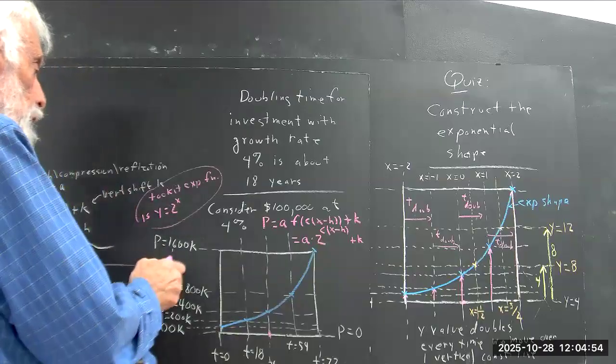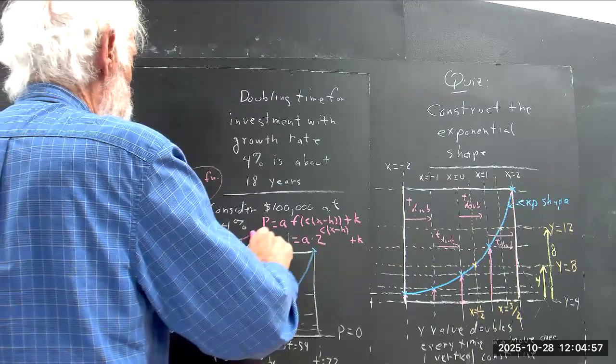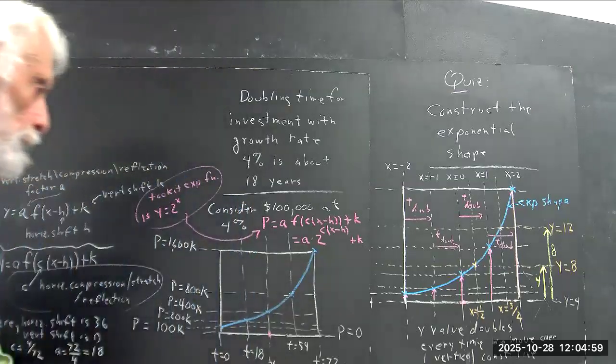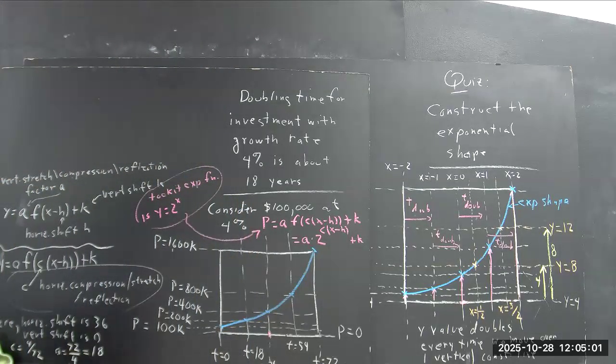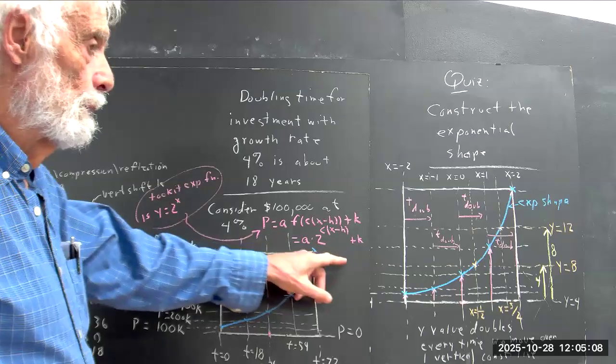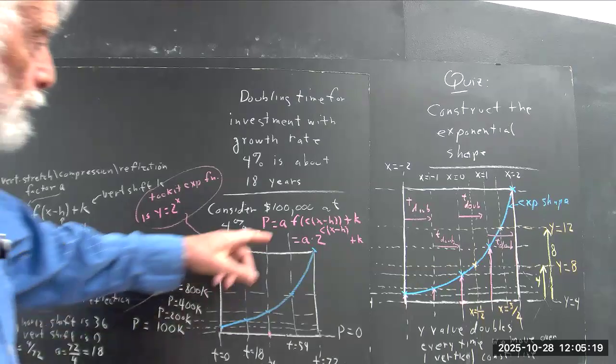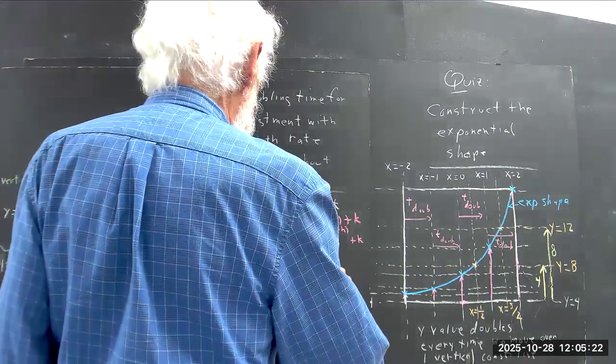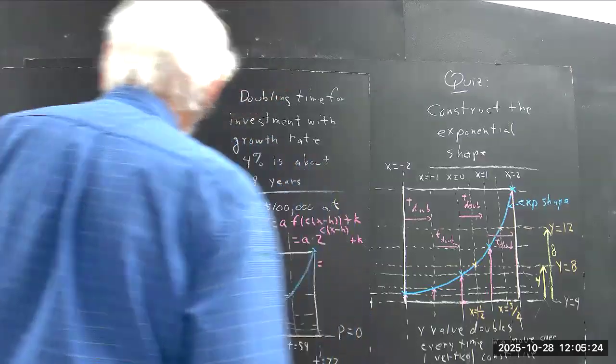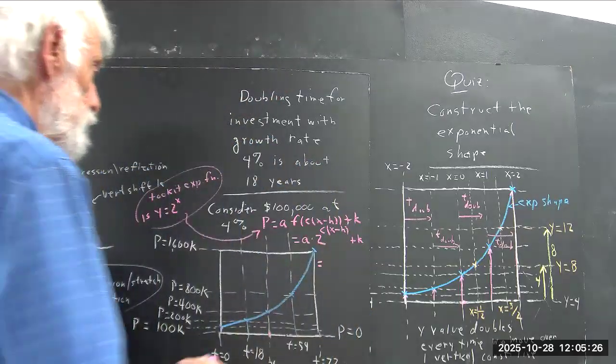It's y equals 2 to the x. So here's our principal function. Now we can put the numbers in.